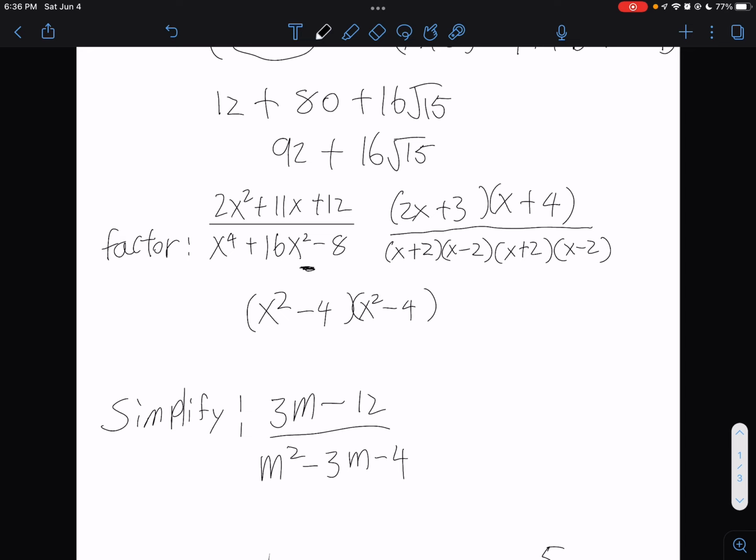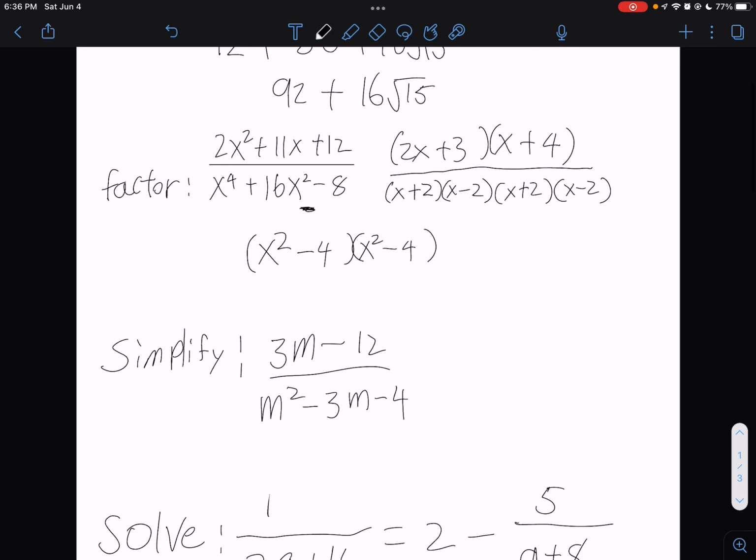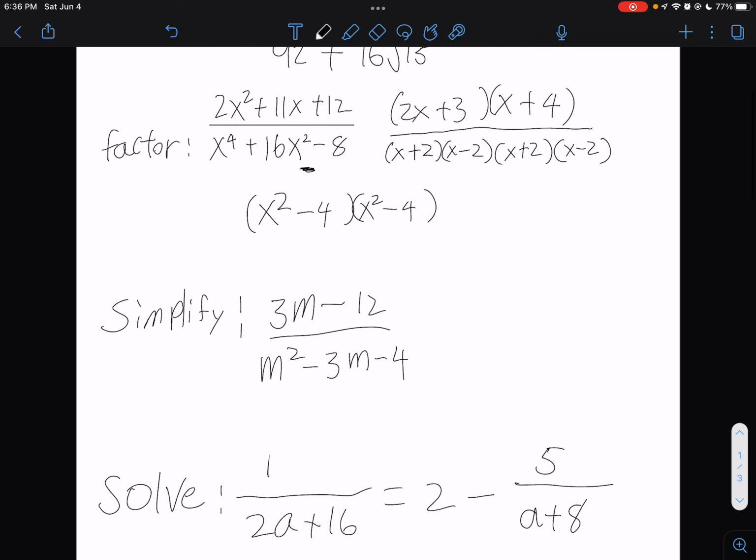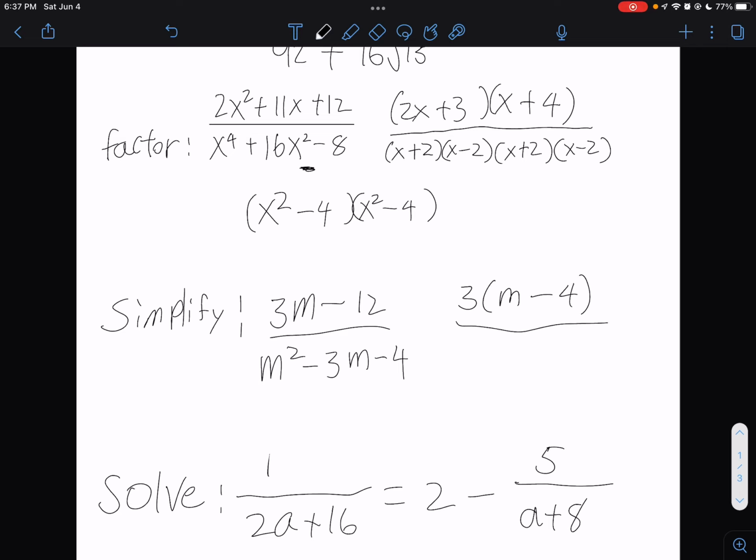And now moving on to the third question, simplifying this again, polynomials. So on the top we have 3m minus 12. We can divide 3 from all of it, so I'm going to factor that, m minus 4, over.